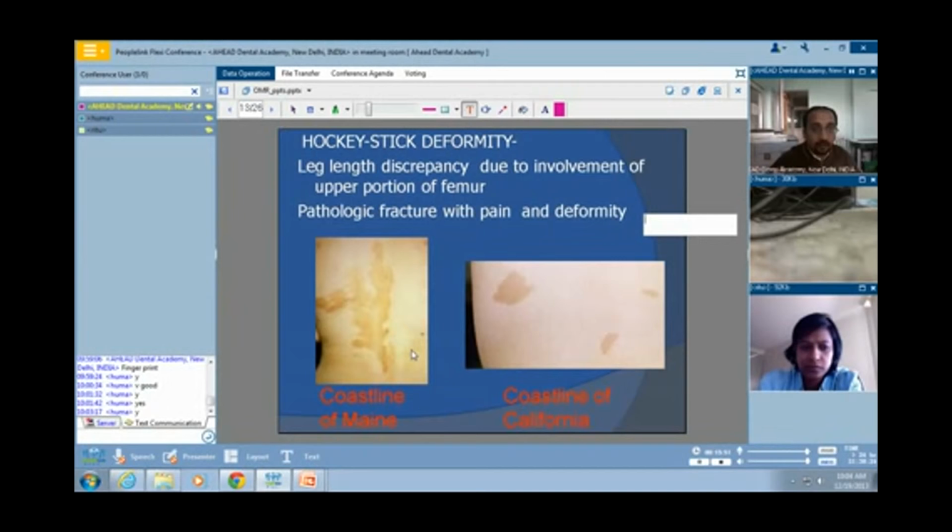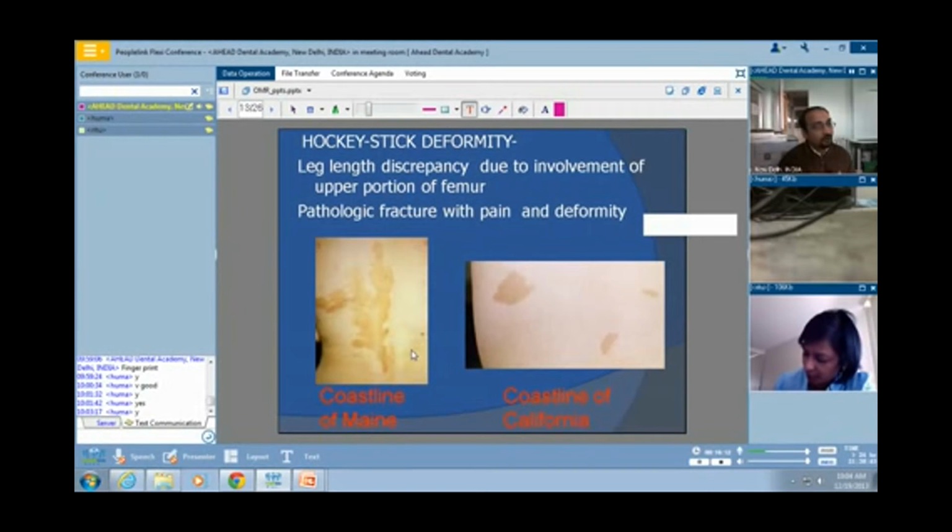Okay, I've written a word called hockey stick deformity. Can you guys see hockey stick deformity? Well, this is generally leg discrepancy due to involvement of the upper portion of the femur. Remember, this condition is polyostotic fibrous dysplasia. In polyostotic fibrous dysplasia, not one bone but multiple bones are involved.